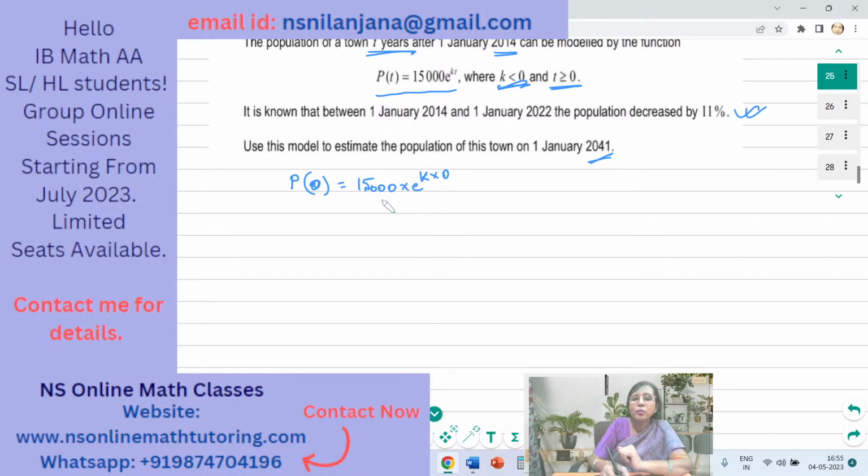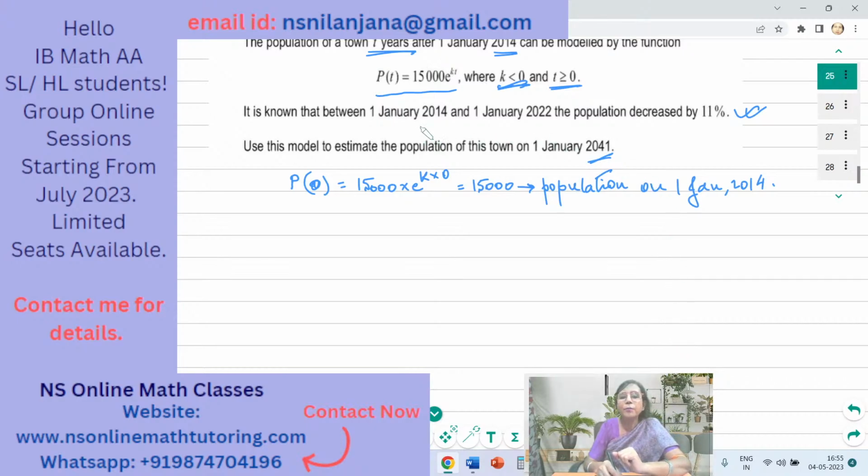And e to the power of 0 is 1, 15,000 times 1 is equal to 15,000. Population on 1 January 2014. Okay.